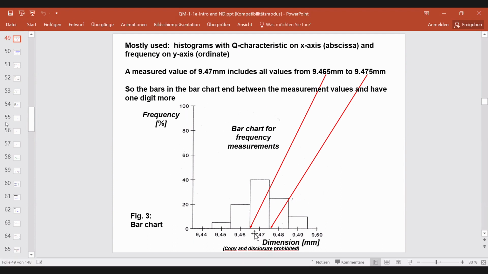So this means the measurement 9.47 for the 40% of all the measurements are 9.47, 20% of all the measurements are 9.46, and so on. So this is the frequency here. The height of the bars are the frequency. How often this value appears.